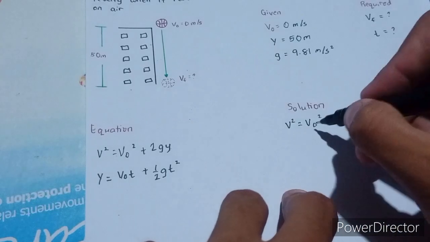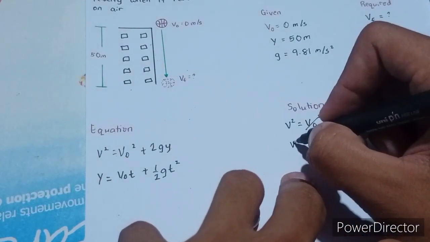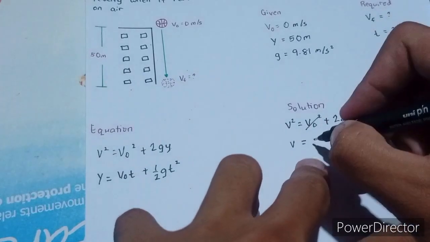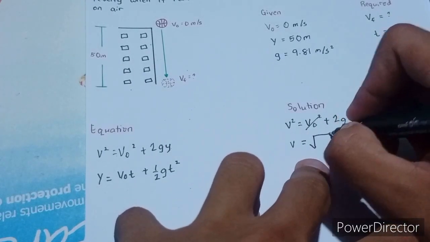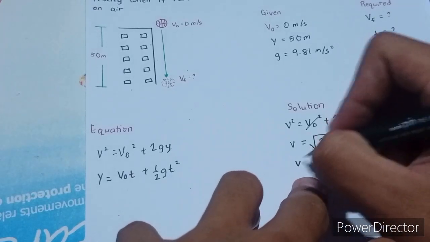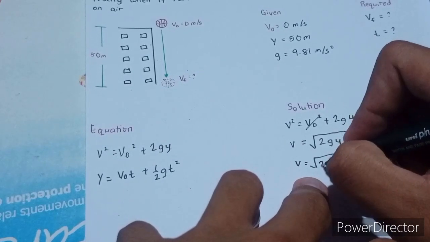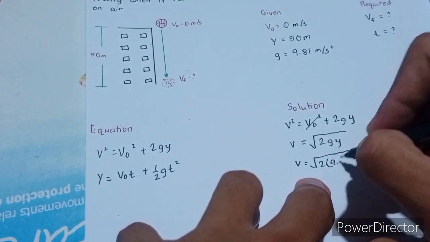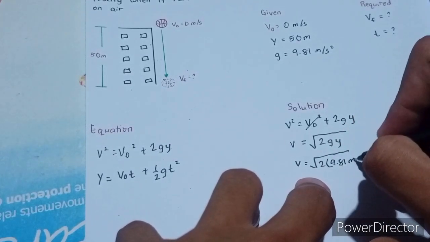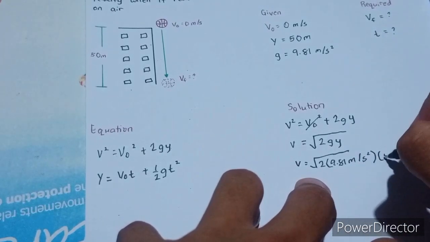We can cancel Vo² since our initial velocity is 0. Then v is the square root of 2gy. Substitute the values of g and y: square root of 2 multiplied by 9.81 meters per second squared multiplied by 50 meters.